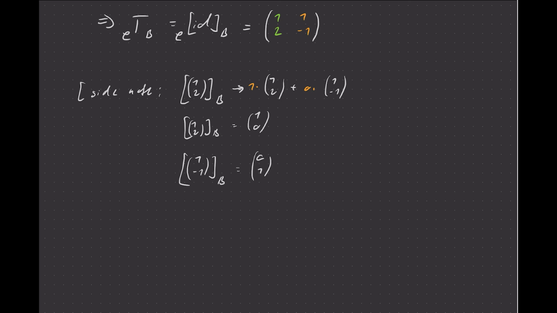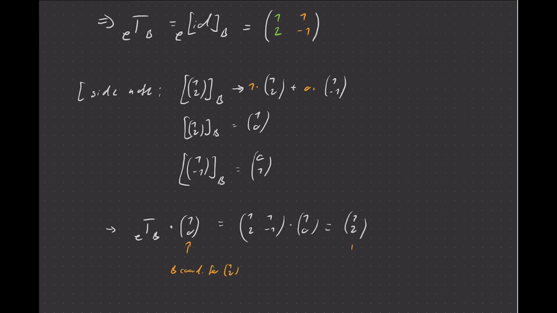And if you look at that, what happens if you input one of those B coordinate vectors to the transformation? That's exactly what we wanted. So if we take this matrix here, the transformation from B to C, and input a vector in B coordinates like 1, 0, that's B coordinates for 1, 2, then what happens here is we get 1, 2, 1, minus 1 times 1, 0, and the result is 1, 2.